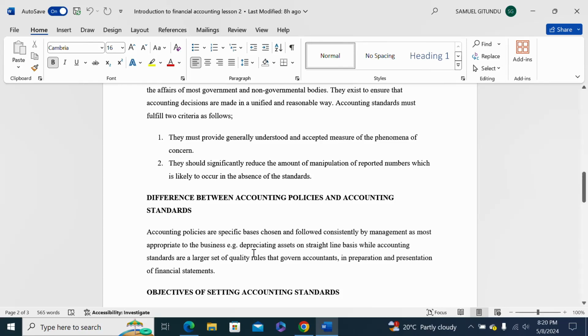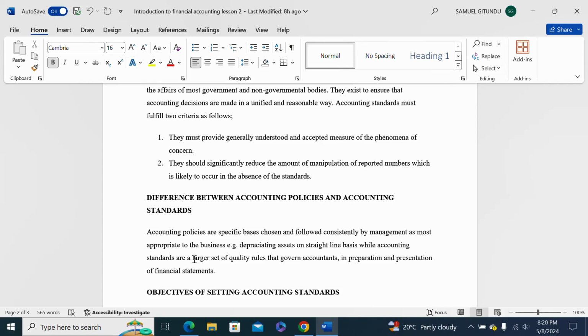But when you come to the accounting standard, the accounting standard accepts all methods of depreciation. You can either use the straight-line basis, or you can also use the reducing balance method. Therefore, whichever method management chooses, it adopts that as an accounting policy.